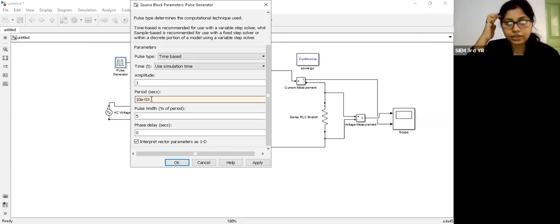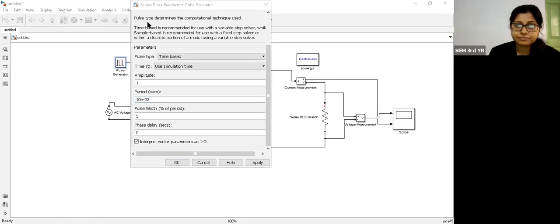Please calculate. If 180 degree is equal to 10 millisecond, then what should the phase delay be for 30 degree? The full cycle should be 20 millisecond, and the half cycle, either the positive half or the negative half, should be 10 milliseconds.